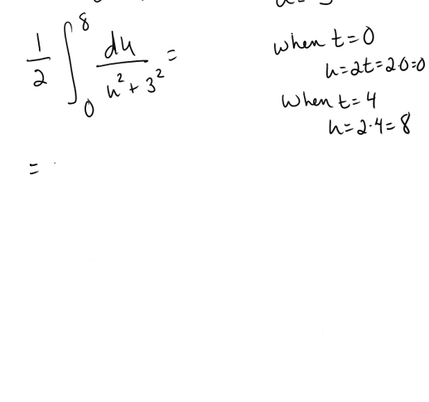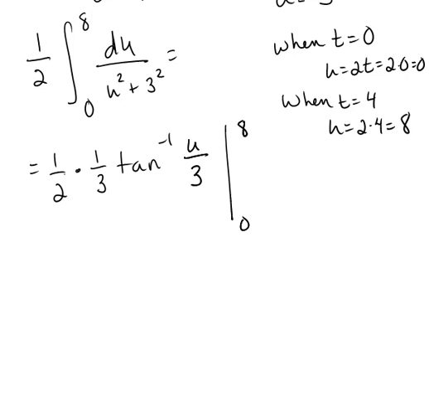So this is going to be equal to 1/2, and then it's 1 over a, so that's 1 over 3 the inverse tangent of u over a. U was 2t, so 2t over a. No, I shouldn't. Sorry, it is just going to be u over a because we made the change in limits of substitution, so it's going to be u over 3. And we're going to evaluate that from 0 to 8.